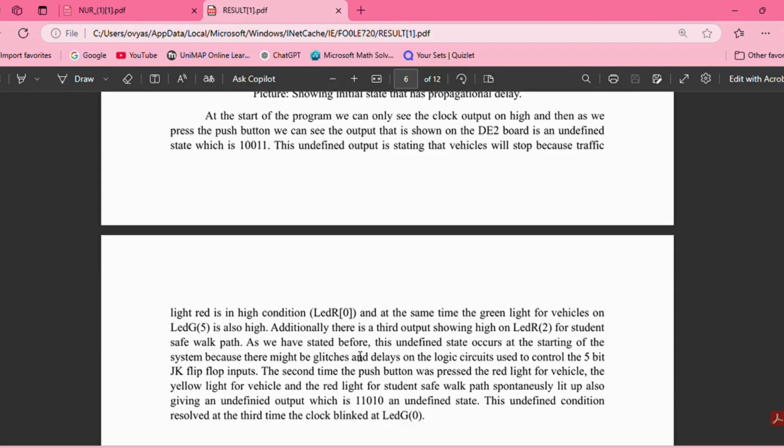As we have stated before, this undefined state occurs at the starting of the system because there might be glitches and delays on the logic circuit used to control the 5-bit JK flip-flop inputs. The second time the push button was pressed, the red light for vehicle, the yellow light for vehicle, and the red light for the student safe walk path spontaneously lit up, also giving an undefined output, which is 11010. This undefined condition resolved at the third time the clock blinked at LED green 0.